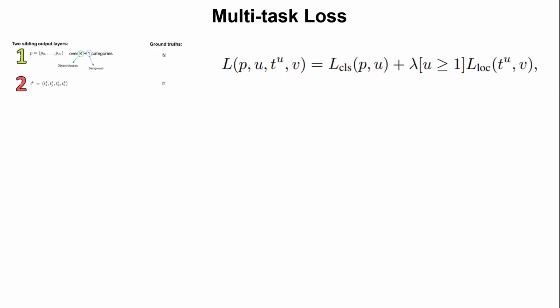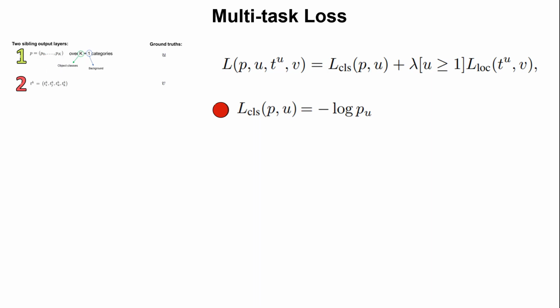The first thing I want to talk about is the classification loss, which is negative log of p_u. And what is p_u? Remember the vector p from the top left corner, it has k+1 entries from p_0 to p_k.